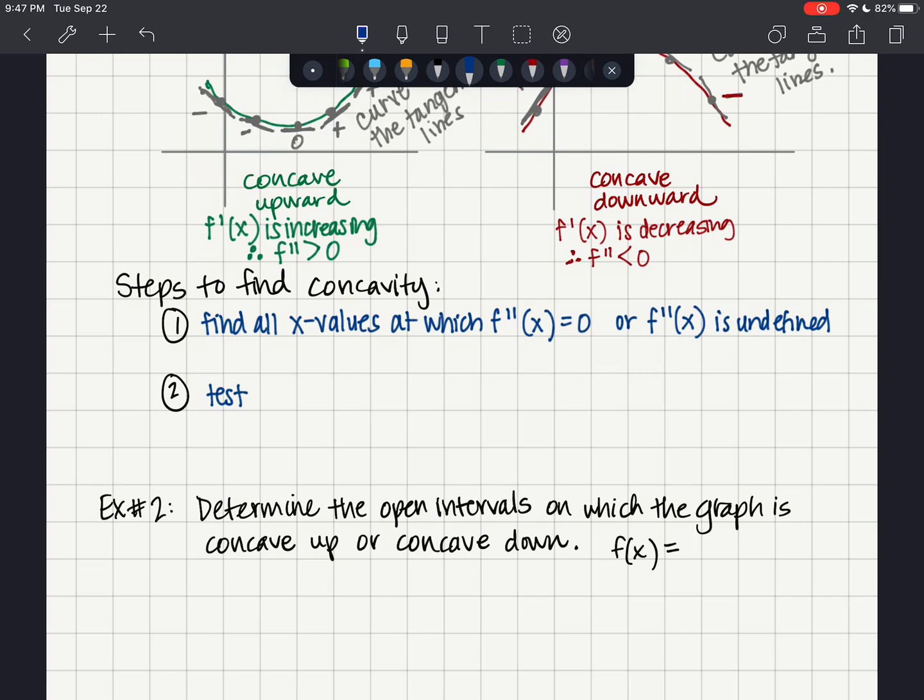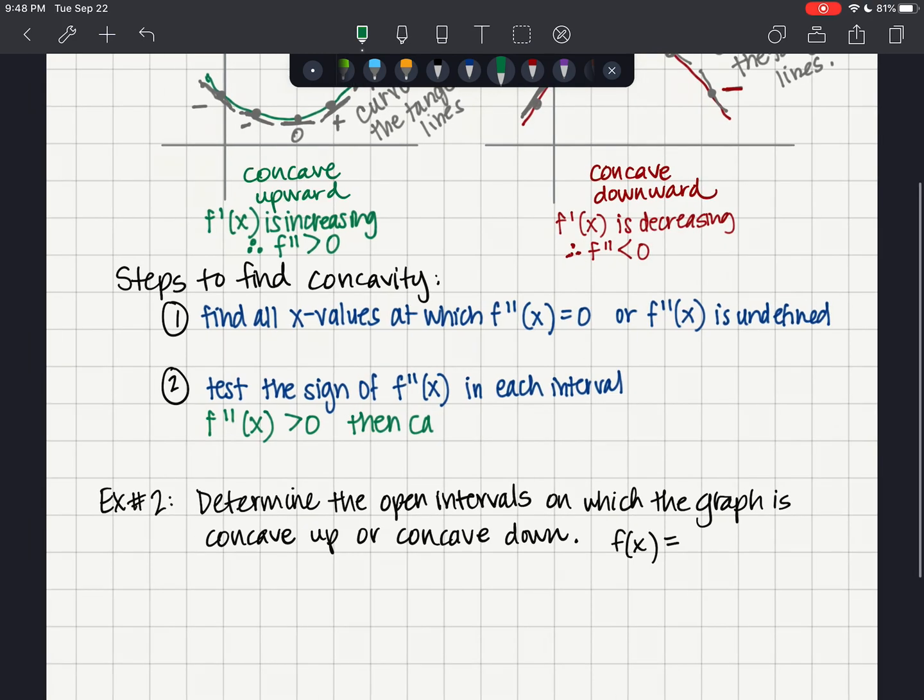We're also going to use the sign of the second derivative. So test the sign of the second derivative in each interval. And I'm going to go one step further here. If f double prime of x is greater than 0, then you have concave upward.